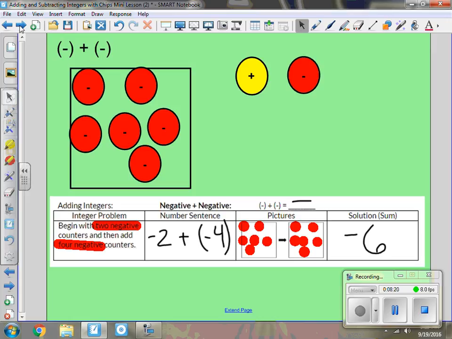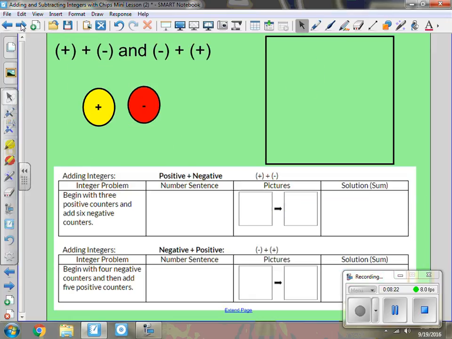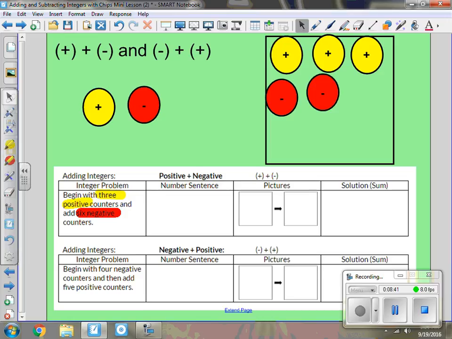All right, let's try one that's a little bit different. I've got 2 examples here. The first one says begin with 3 positive counters, and then I'm going to be adding 6 negative counters. So I'm going to put over my 3 positives. I'm going to put over 6 negatives. I'm adding them all to my party.